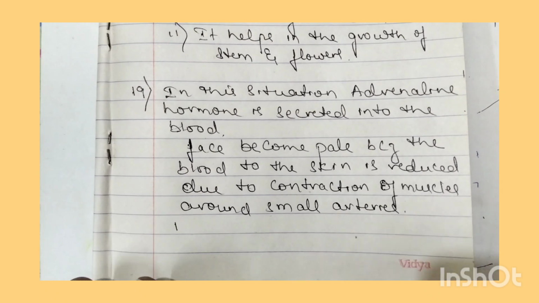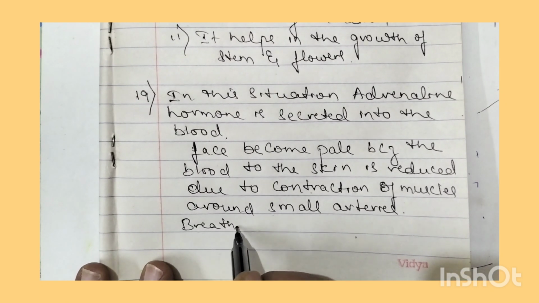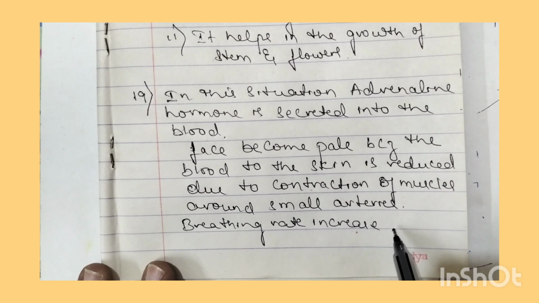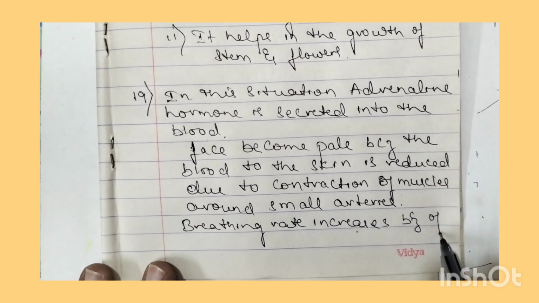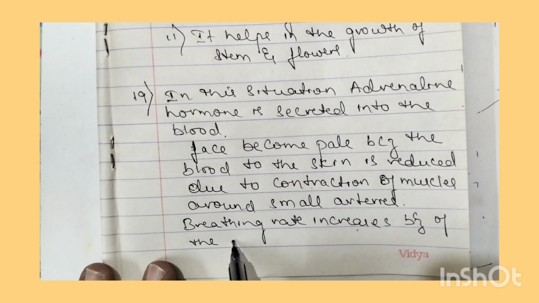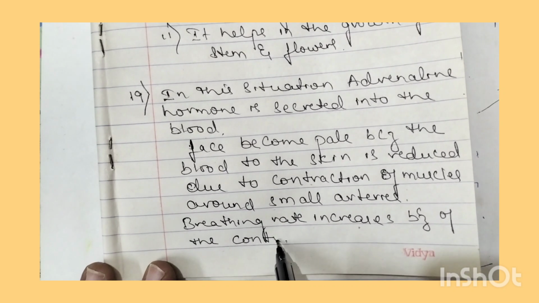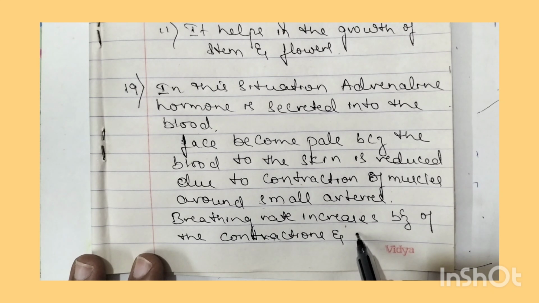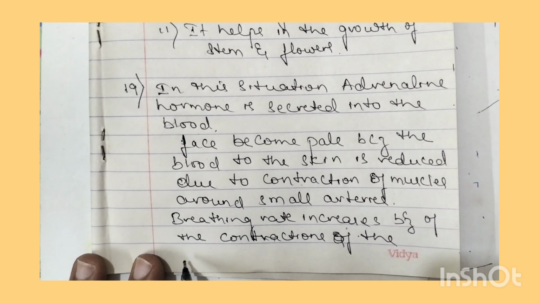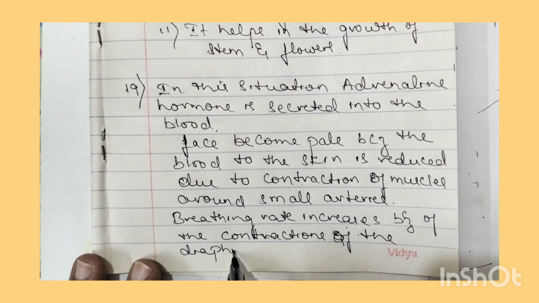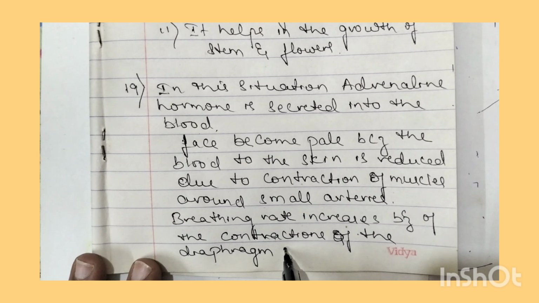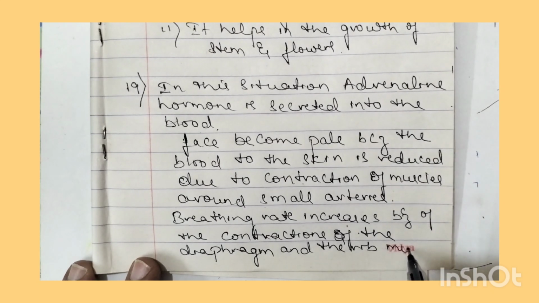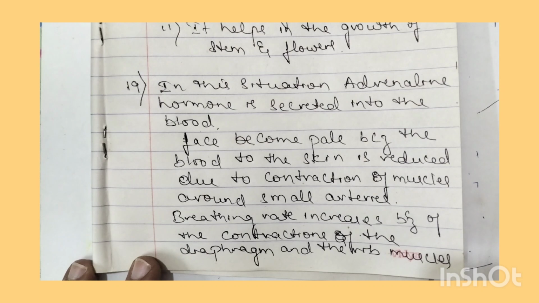Breathing rate increases because of the contraction of the diaphragm and the rib muscles.